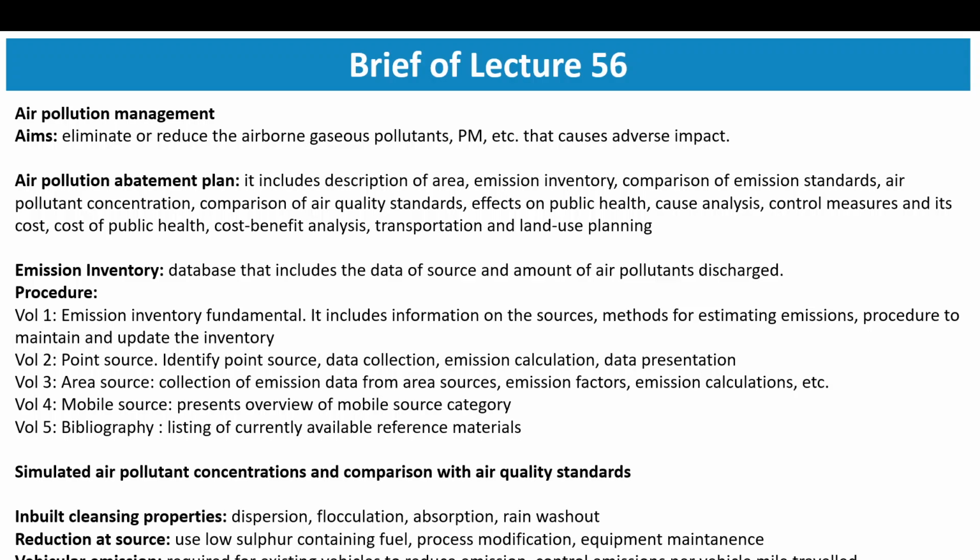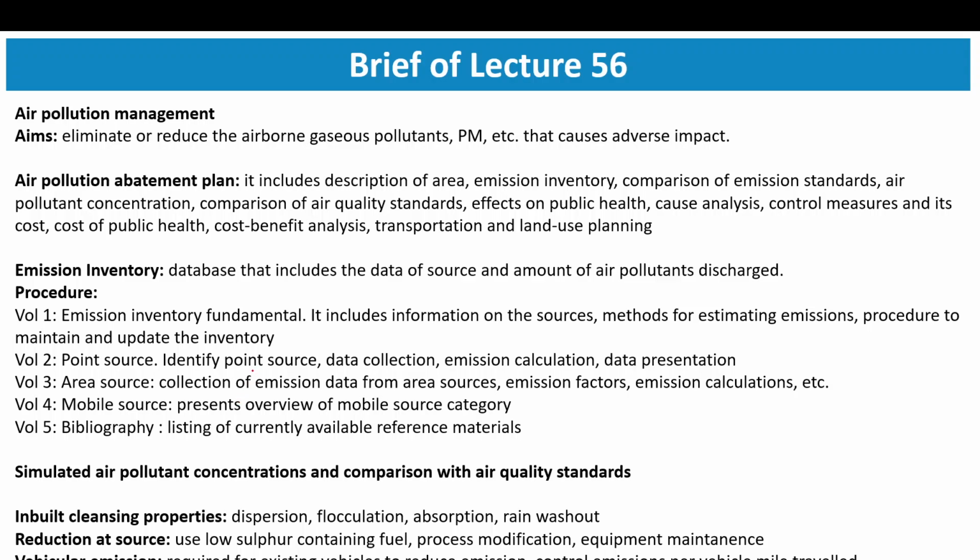Then coming to the emission inventory. It is a sort of database that includes the data of the source and the amount of air pollutants discharged, along with the probable health impacts of the pollutant present in air. The emission inventory has various volumes, which give you an idea of different categories of pollutants, different sources, and different amounts.